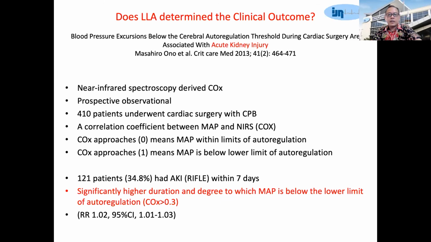She found that a significantly higher duration and degree to which the mean arterial pressure was below the lower limit of autoregulation were the factors. Therefore, when we set the perfusion pressure below the lower limit of autoregulation, not only do we risk brain injury for our patient, other organs are also affected. In this case, we expose our patient to acute kidney injury.